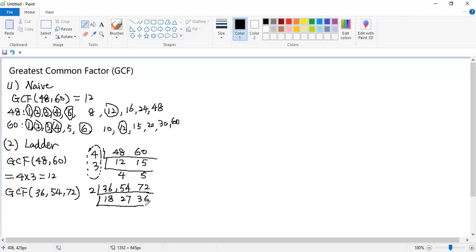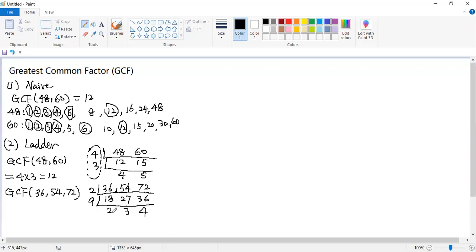Now we see 9 is a common factor for all of them. So 18 divided by 9 equals 2, 27 divided by 9 equals 3, 36 divided by 9 equals 4.